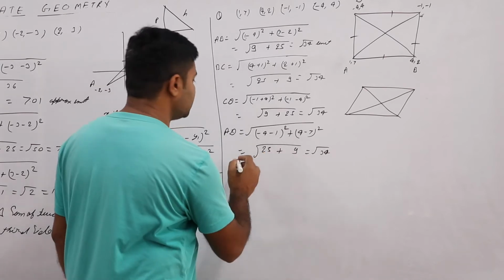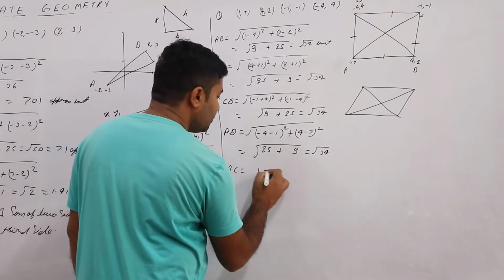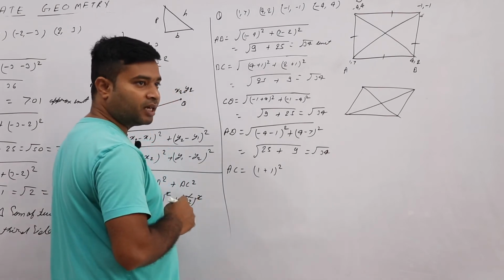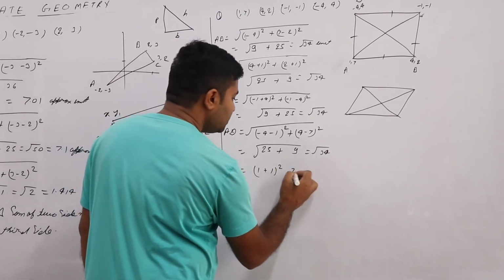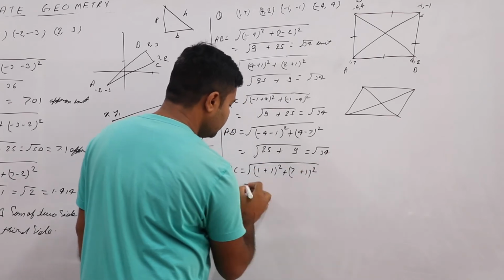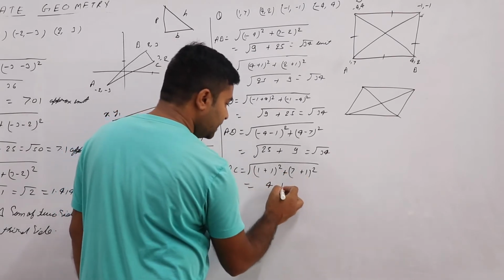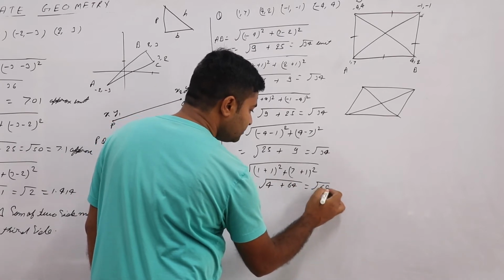So now find AC. AC means (1 minus 1) square. Minus 1 or plus 1? Plus 1, because minus of minus is plus. Then (7 plus 1) square. Yes na? Means this is 4, this is 4. This is 7 plus 1, 8, 64. Yes na? Means root over 68.